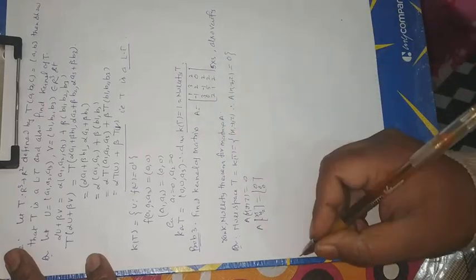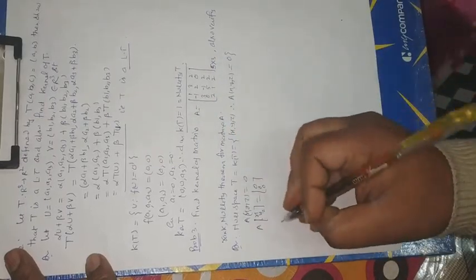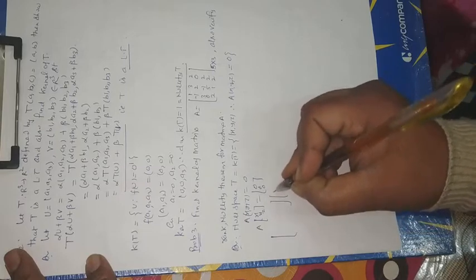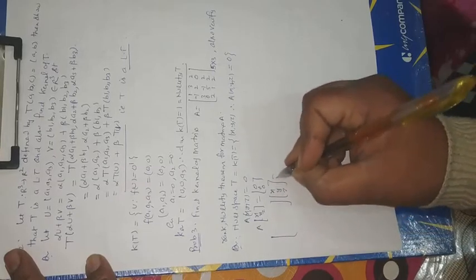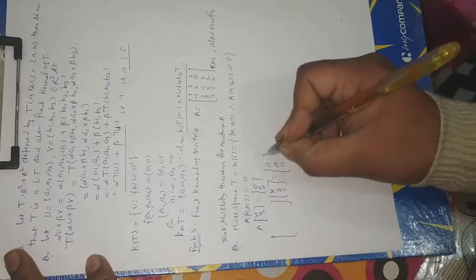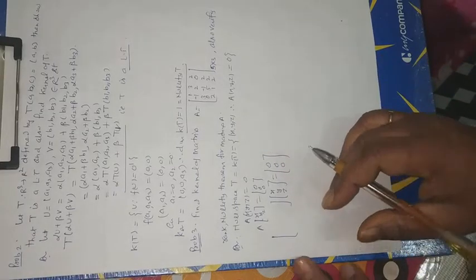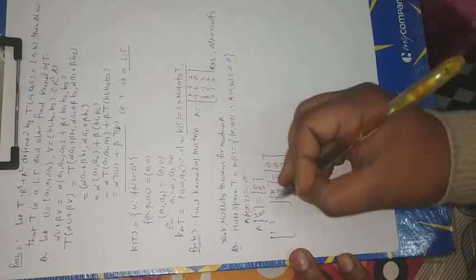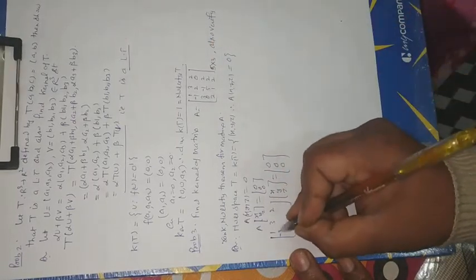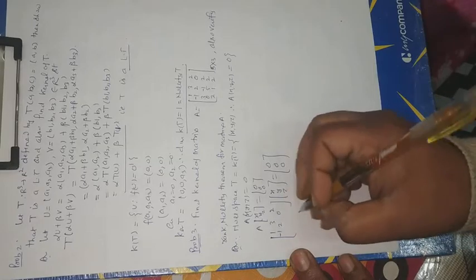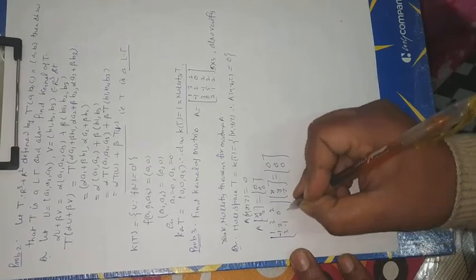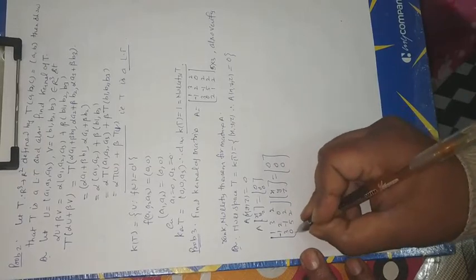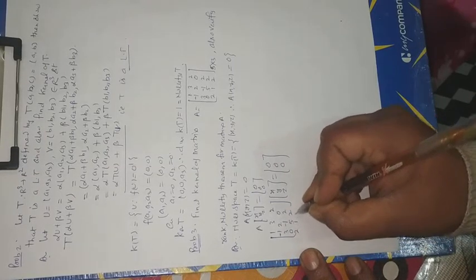Now putting the value of A: 1 3 2, -1 2 0, 3 -1 2, 0 5 2, and last row 2 1 2.